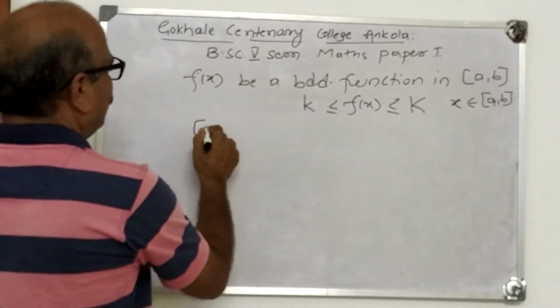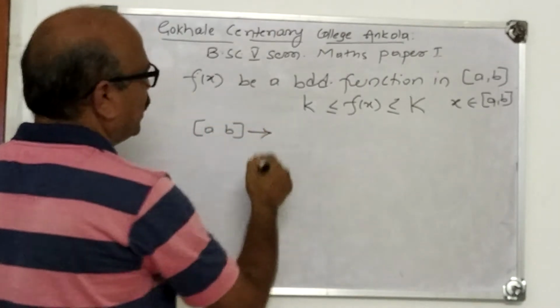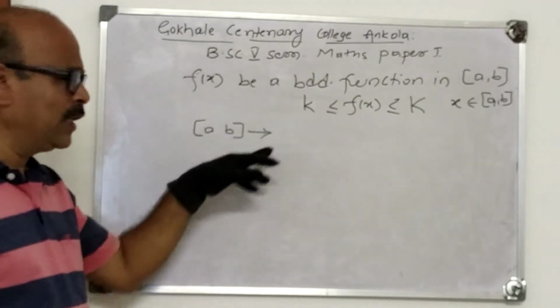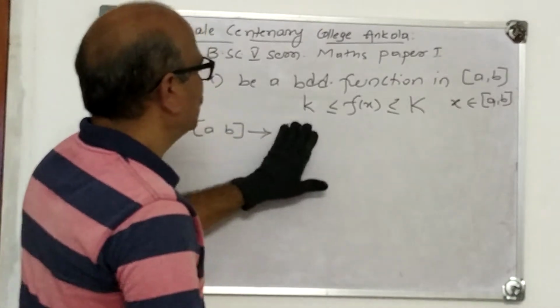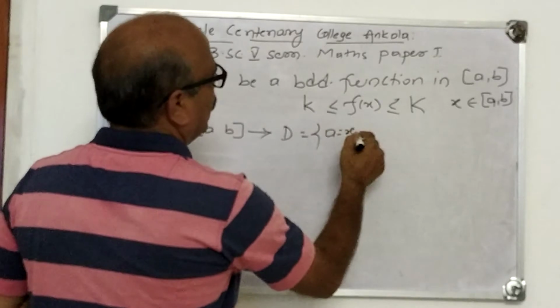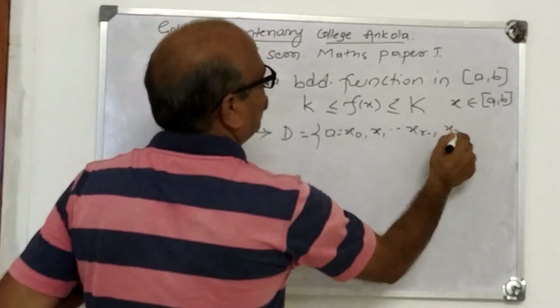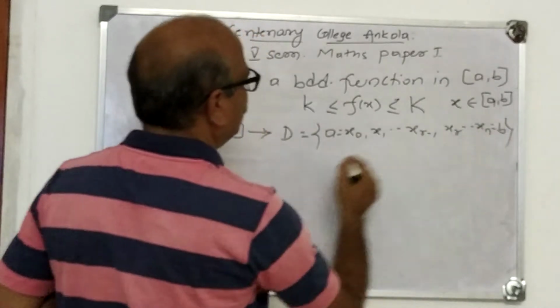Now we divide this [a, b] into a finite number of subintervals. [a, b] is one interval. We further divide this into a finite number of subintervals by this division. I take D equal to {a = x0, x1, ..., x(r-1), xr, ..., xn = b}.